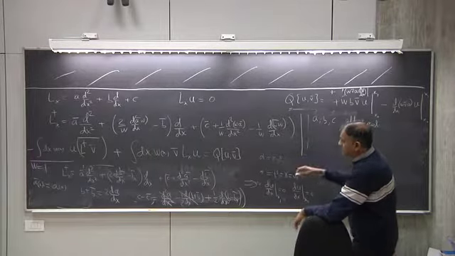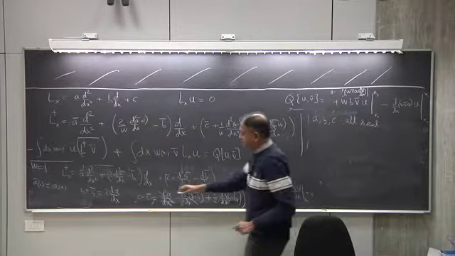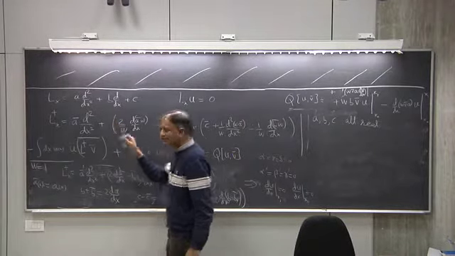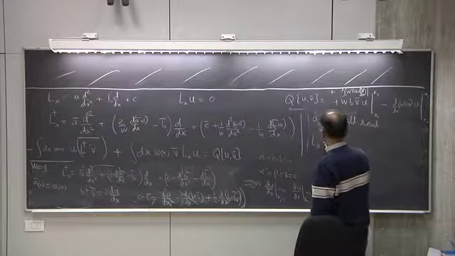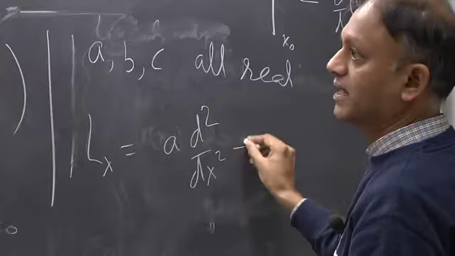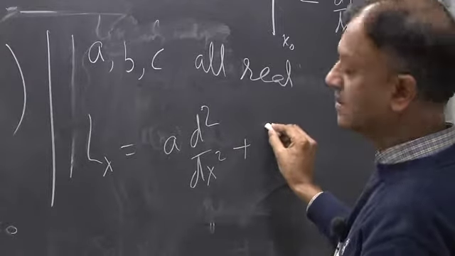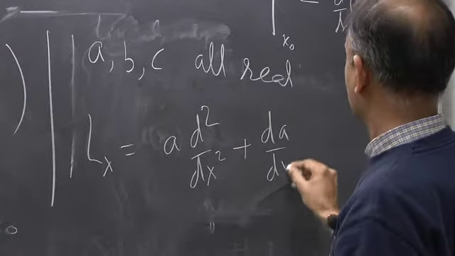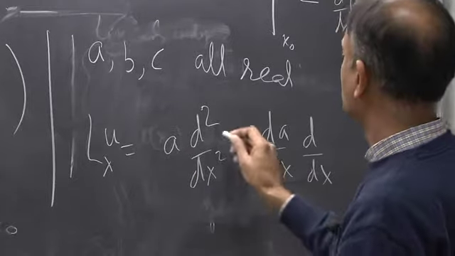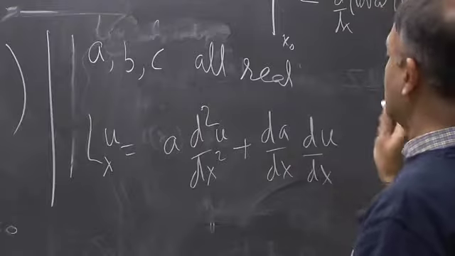And what it is saying is that the condition is, in this case, 2b is equal to 2 dA by dx, so therefore b is dA by dx. So then this Lx operator is simply A d2 by dx2 plus dA by dx d by dx. So let's say Lx acting on u is the same as that, plus Cu.